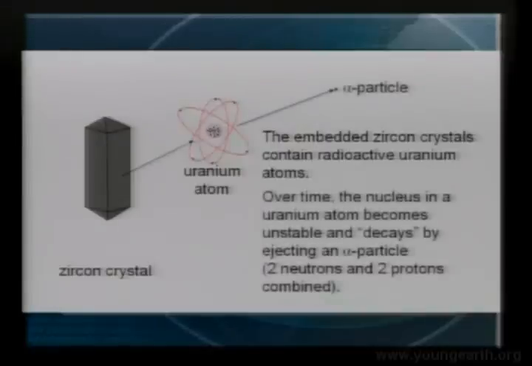Over time, the nuclei of those uranium atoms become unstable and they decay by alpha decay. Alpha decay is where two neutrons and two protons within the nucleus of the uranium atom are ejected together from the nucleus as a particle.